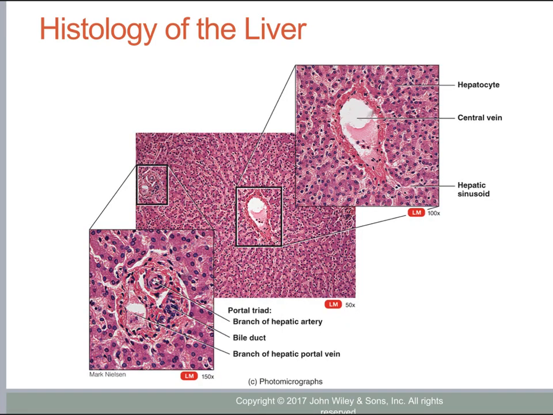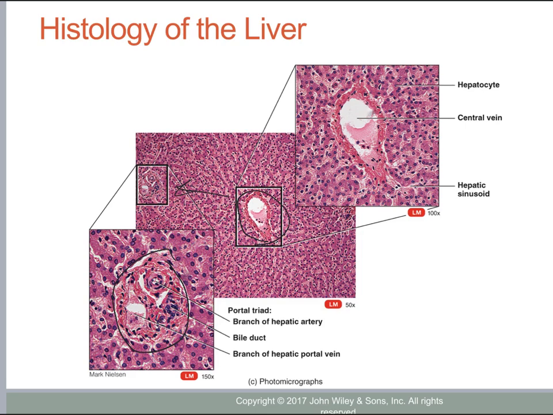Here we take a look at the histology of the liver. We see our central vein up close, and we move out to our spoke, and we have the triad. We have a branch of the hepatic artery, our bile duct, and our hepatic portal vein. Now, from a lab perspective, what would you need to know? You would need to be able to identify three things. Number one, that this is the lobule of the liver, and the cells are called hepatocytes.